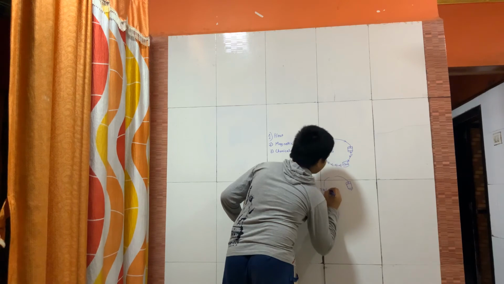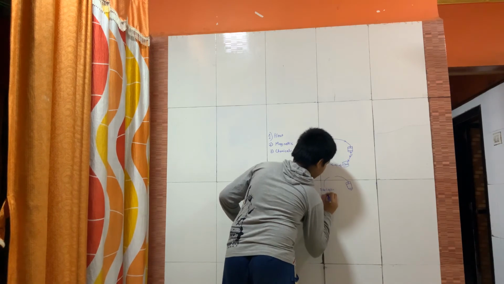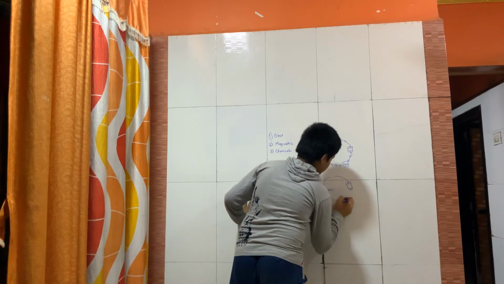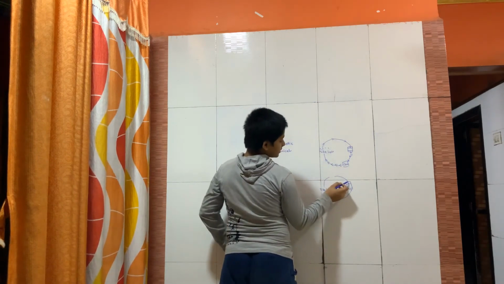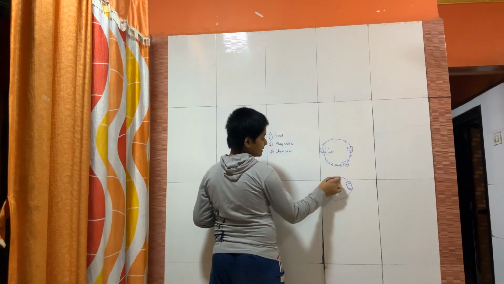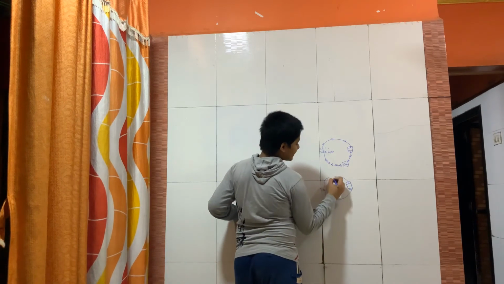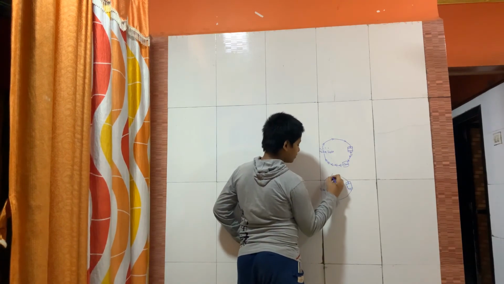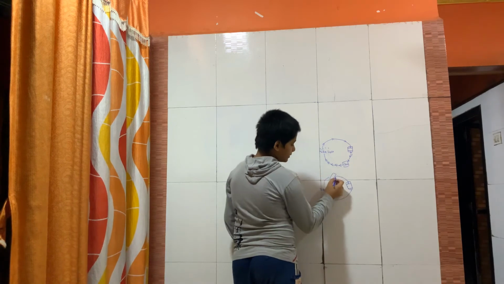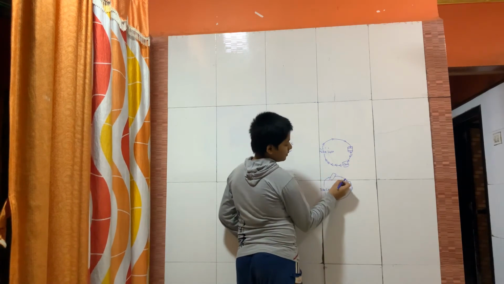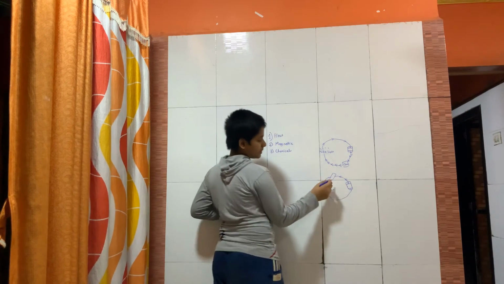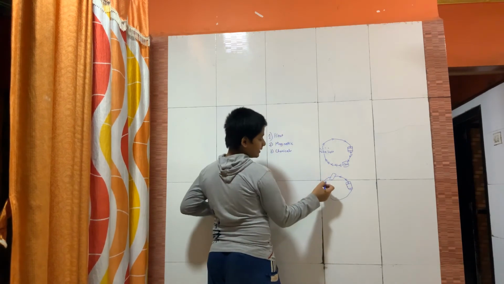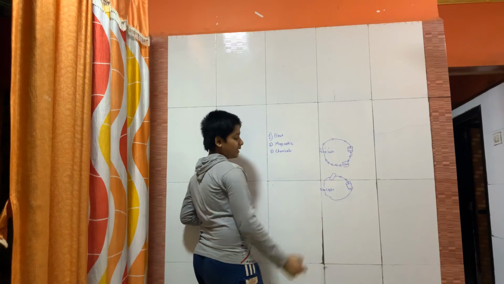Here is another circuit which I have drawn. Here the cell is passing the electricity, and here I have kept rubber. Now this cell is giving the electricity properly, but this rubber is unable to conduct the electricity and move it forward.